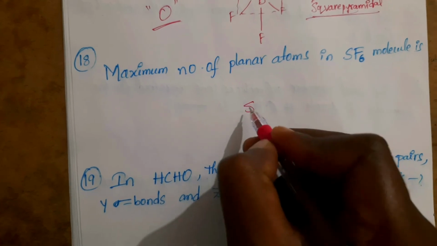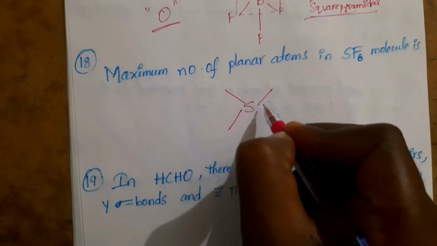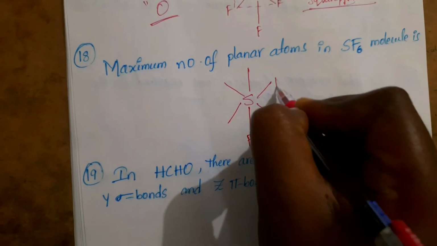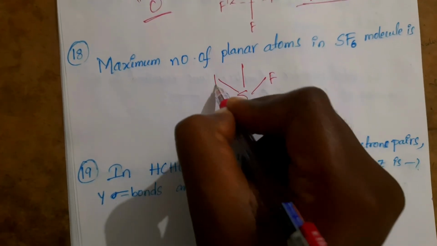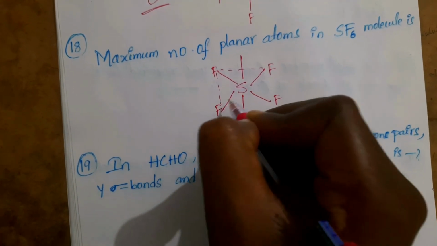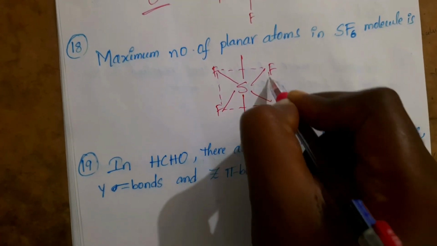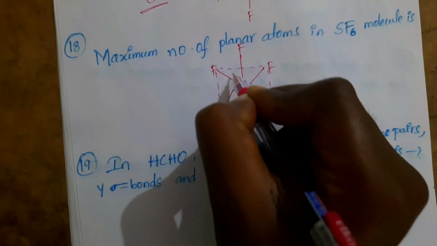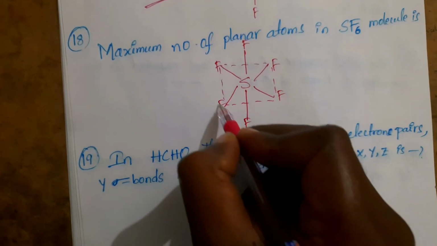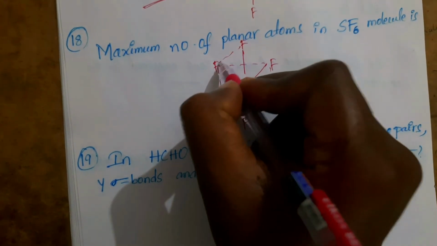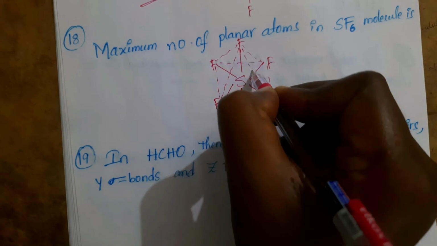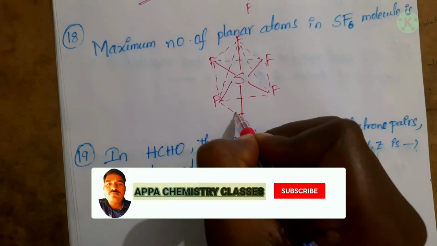Now next one is the maximum number of planar atoms in the SF6 molecule. In SF6 molecule sulfur participates in sp3d2 hybridization. So sp3d2 hybridization has an octahedral shape. In the octahedral molecule, the 4 fluorines and 1 sulfur will be present in the plane, whereas the other 2 fluorines, one is above the square and another one is below the square.